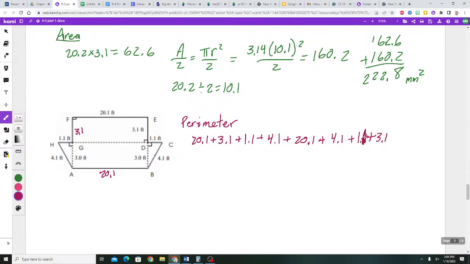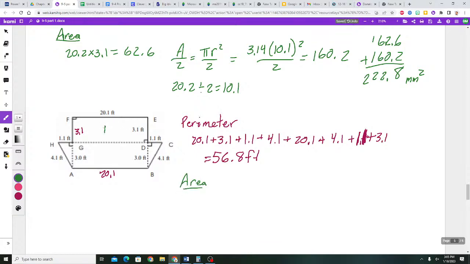So in case you're curious, that's 1.1, in case you can't see it. So we go 20.1 plus, oh my goodness, I gotta grab the calculator. 3.1 plus 1.1 plus 4.1 plus 20.1 plus 4.1 plus 1.1 plus 3.1. And that gives me 56.8 feet.